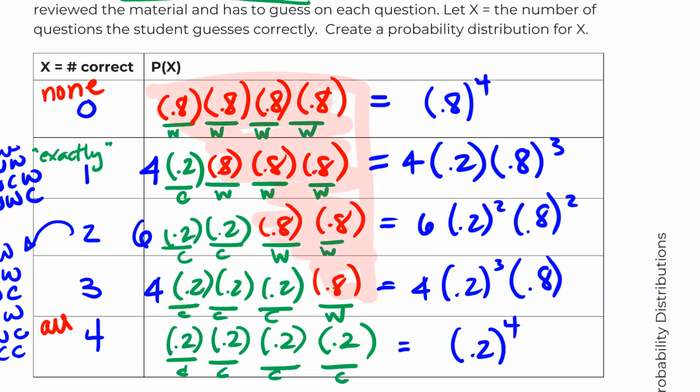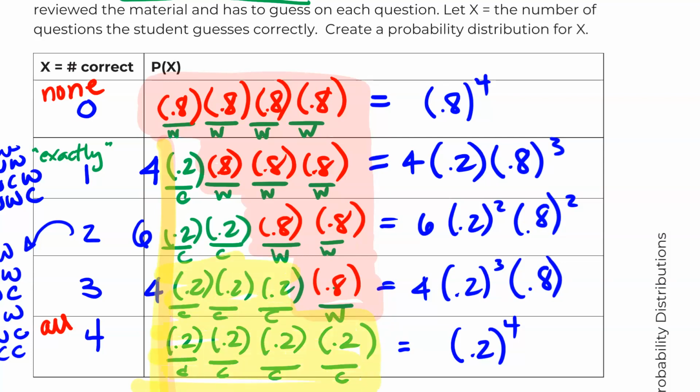And this is actually a pattern that's true with any sampling with replacement type question. These trials, if they're independent and we're only taking a certain number of a sample, we are always going to end up with this pattern going on. And the pattern totally makes sense to me when you think about it.